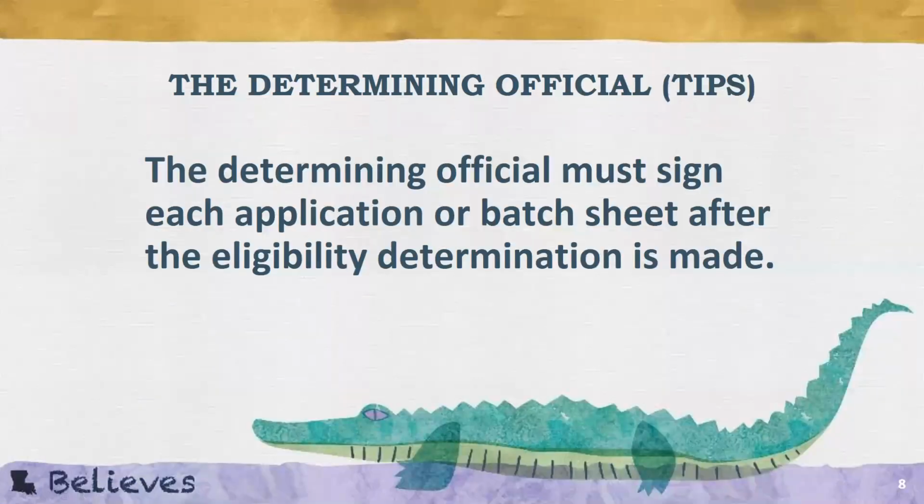The determining official determines free and reduced price status by 1, checking to make sure the application is complete, following up on applications with missing information.